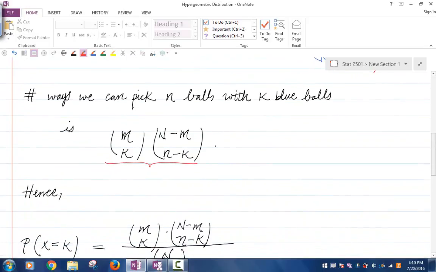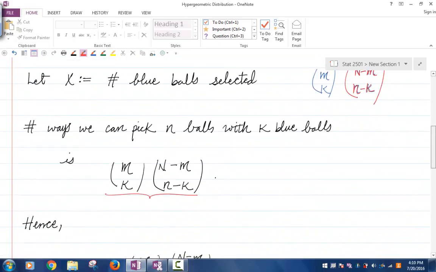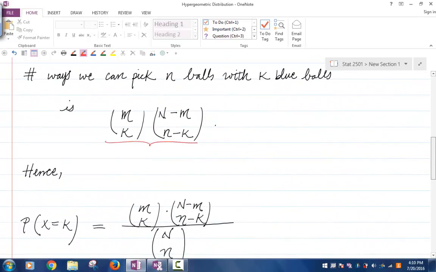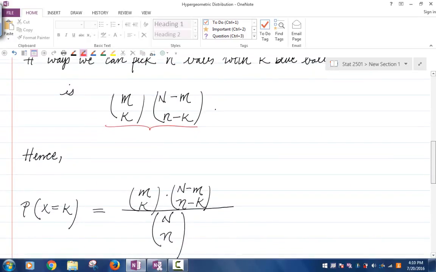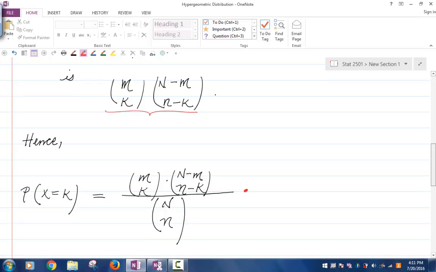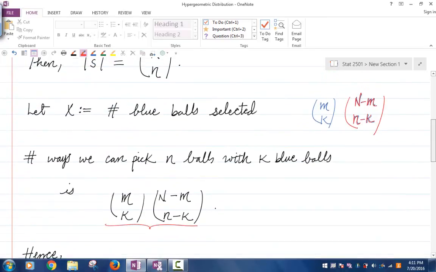So hence the probability that x is k, that is the probability that there are k blue balls in a sample of small n balls taken from the urn, is given by M choose k times N minus M choose n minus k divided by capital N choose small n. This is the PMF, probability mass function of the variable x.